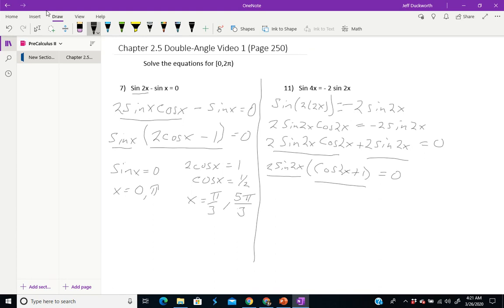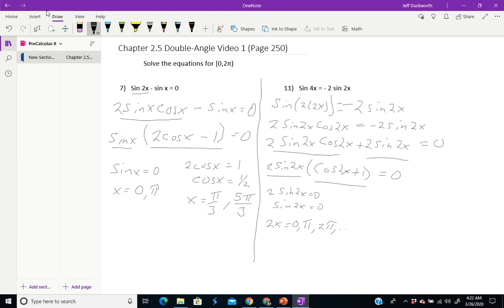Well, let's take a look at the first one. If we have 2 sine of 2x equaling 0, that means sine of 2x equals 0. We know that sine of 0 will be 0, sine of pi will be 0, sine of 2 pi will be 0, and so forth. So essentially, 2x has to equal 0, pi, 2 pi, and so forth.